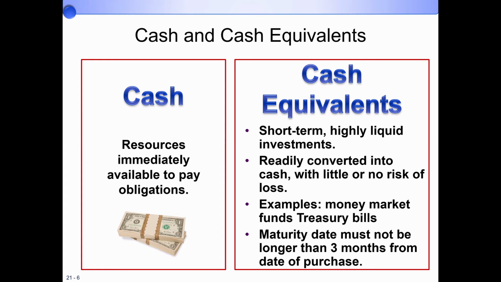In accounting, imagine the balance sheet, starting with the assets. The first item in the asset is cash and cash equivalent. So you don't separate cash and cash equivalent in accounting.